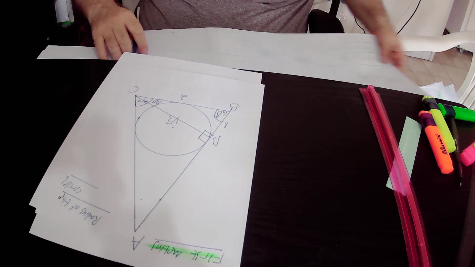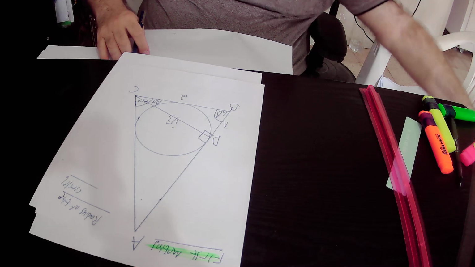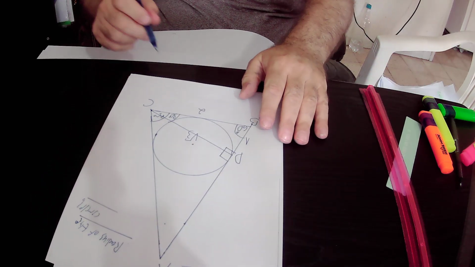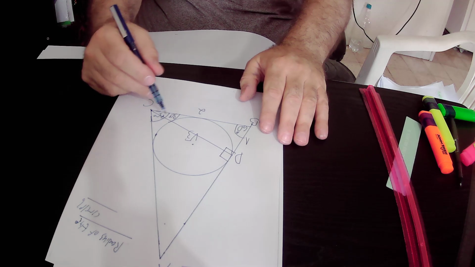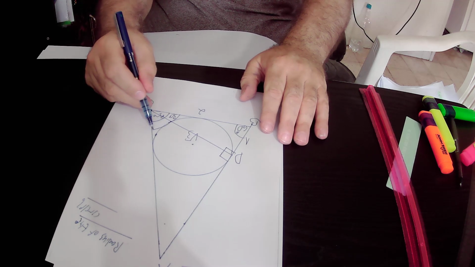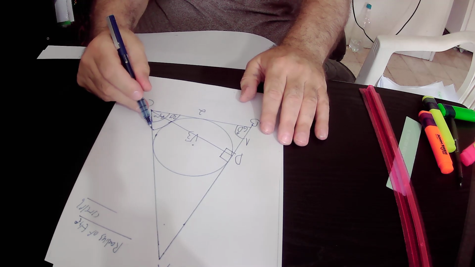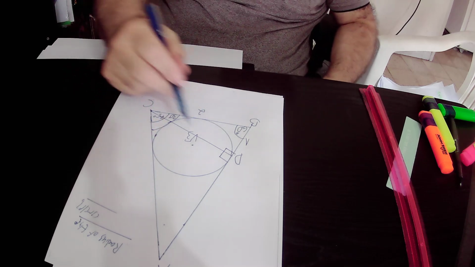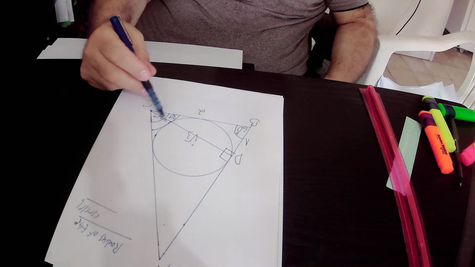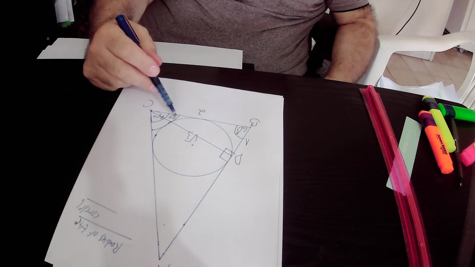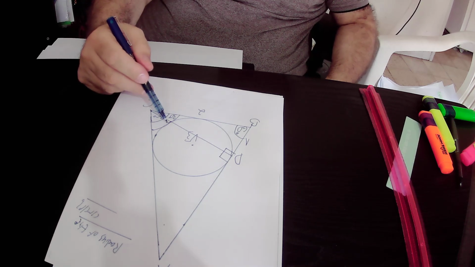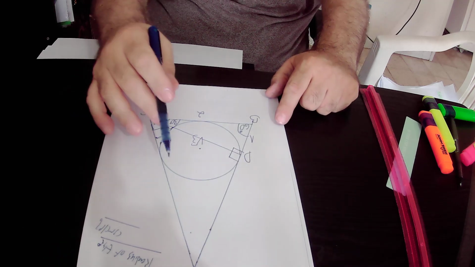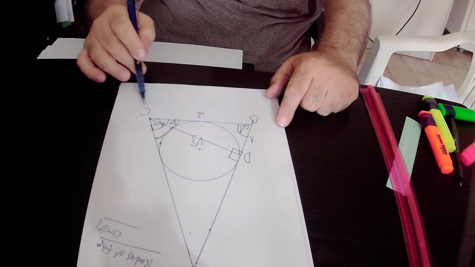In the next step, we'll find out the size of angle ACD. What is the size of this angle, angle ACD? From the drawing, it is very easy to see that angle ACD equals angle ACB minus angle DCB.